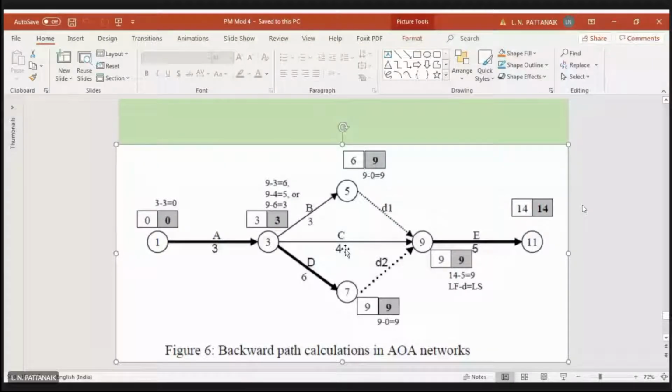But sometimes some non-critical activities may also exist between such nodes which have zero slack. So you should not make the mistake of thinking that all the activities connecting nodes with zero slack are critical activities. You should not jump to that conclusion. Okay? Is that clear?